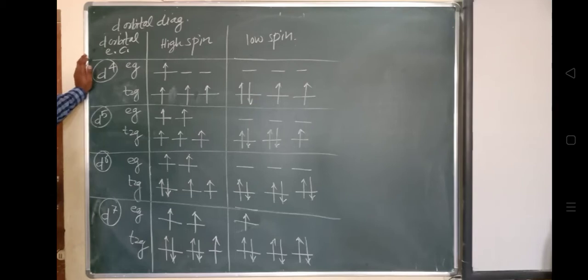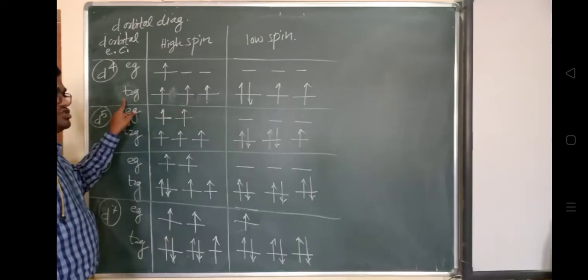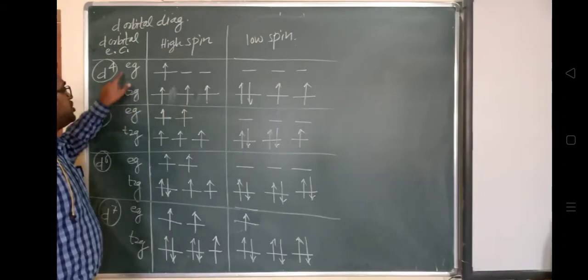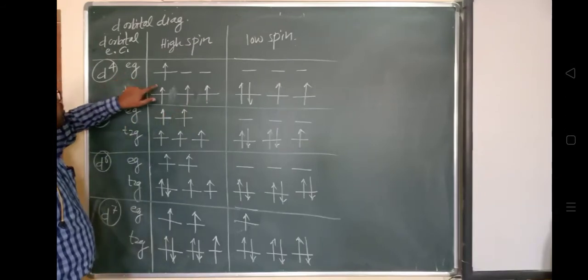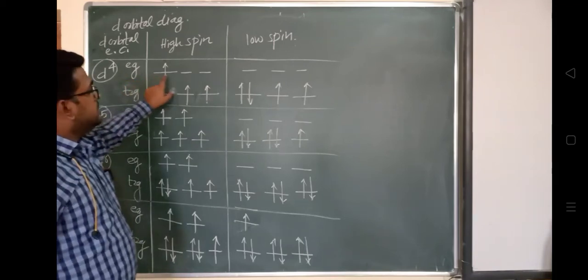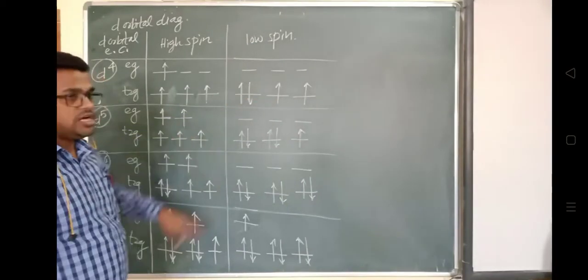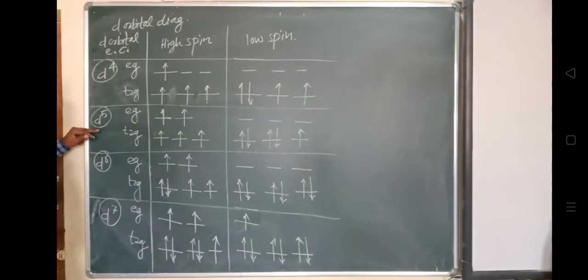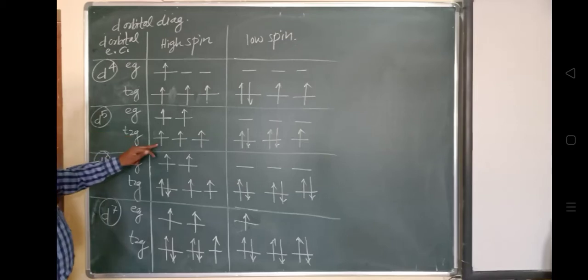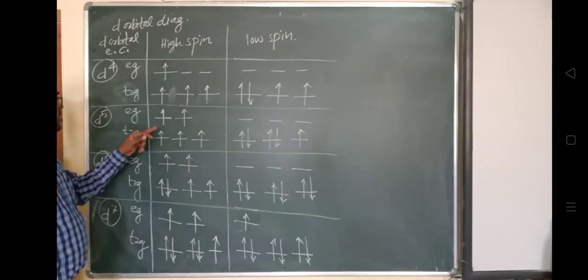We know that in case of the d4 orbital, the first 3 electrons will be occupied in t2g, the lower energy level. Eg has the higher energy level, so one will be occupied in that. Then in case of low spin, all these 4 will be occupied in the lower energy levels. In case of the d5 orbital, first 3 will be occupied in t2g and the remaining 2 will be in Eg.